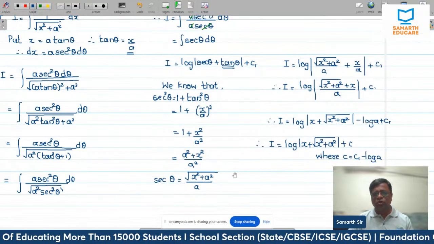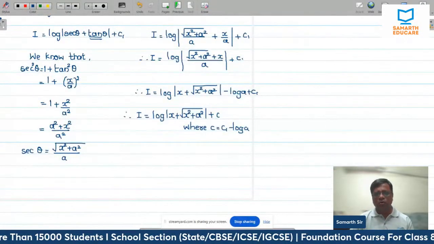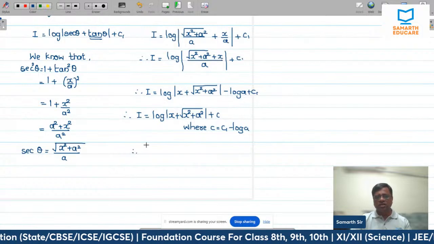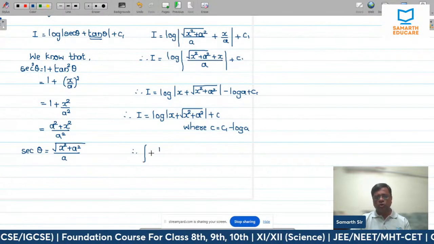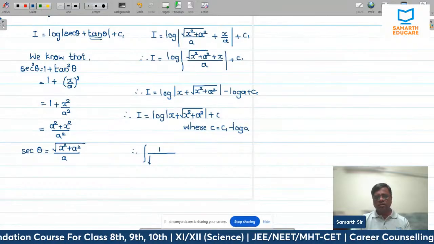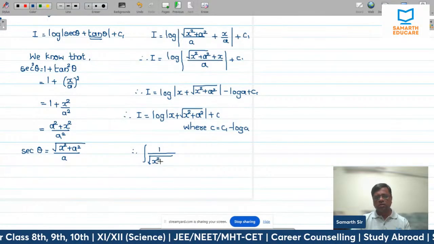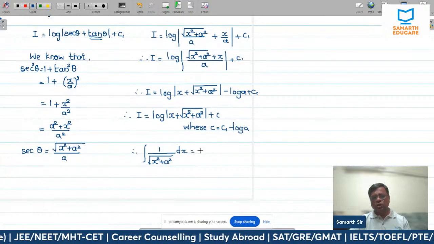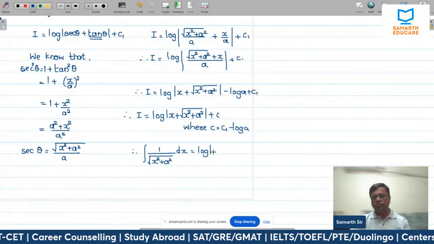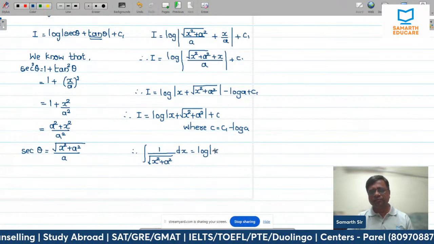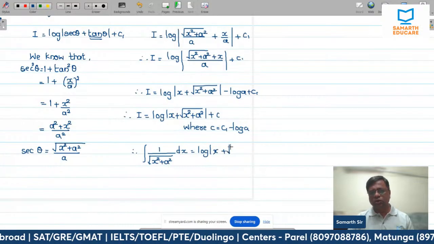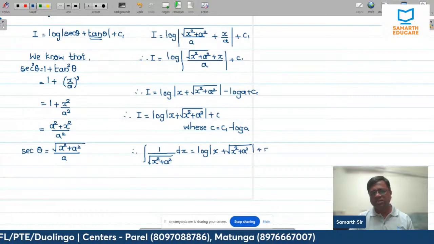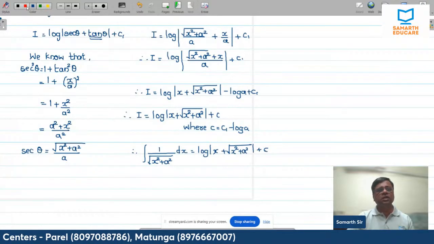All right, so this is the final part. Now that means the last and the third standard form of integration is 1 upon root of x square plus a square dx is log of x plus root of x square plus a square plus c. So this was the third in this series.